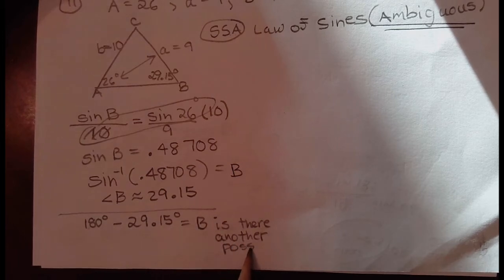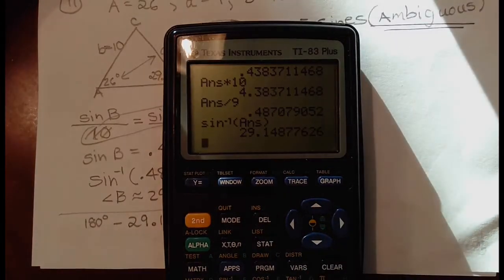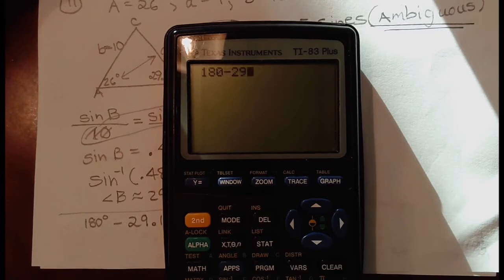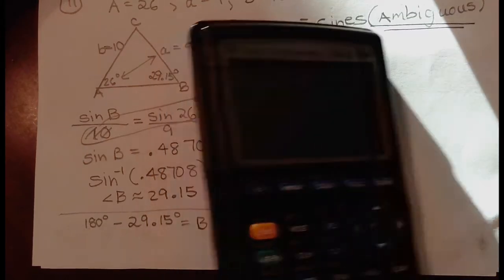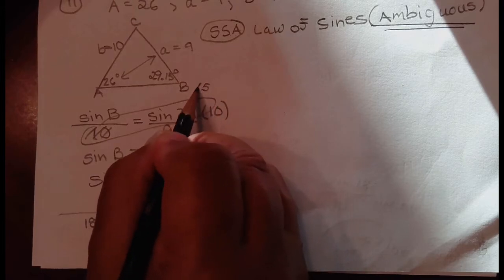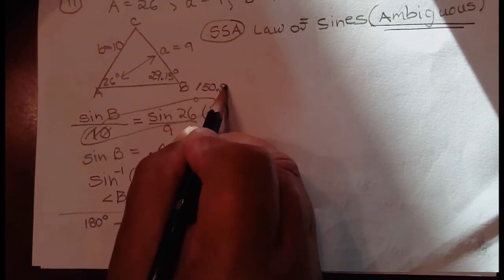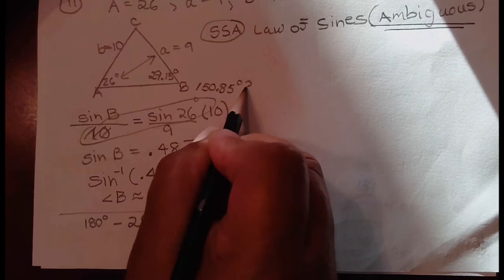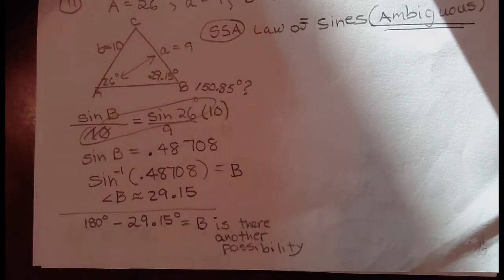So let's see. If I was to go 180 minus 29.15, that would be 150.85. This could possibly be 150.85, but only if that doesn't throw you over the 180 degree limit that exists for all triangles. So think about it. Just roughly add these up. Let's imagine that it was 150 rather than the 29.